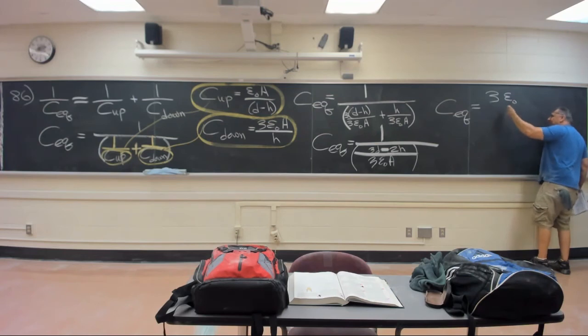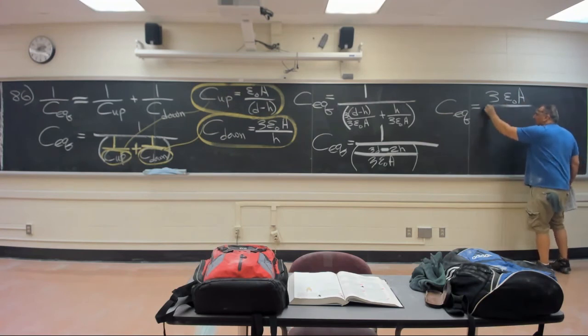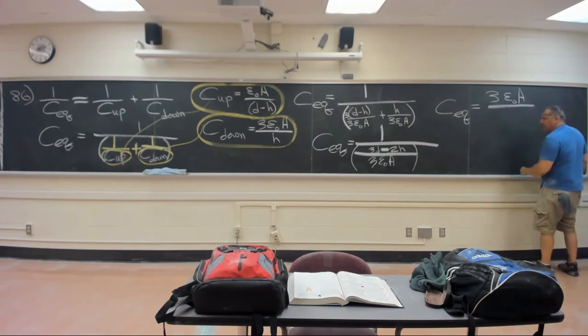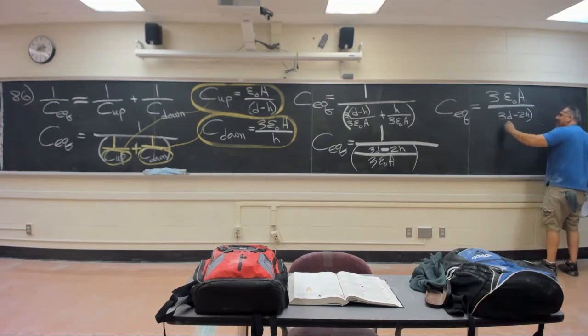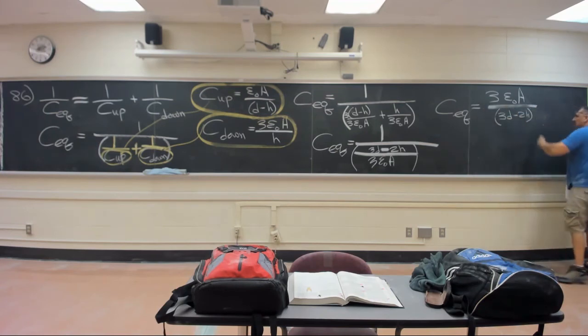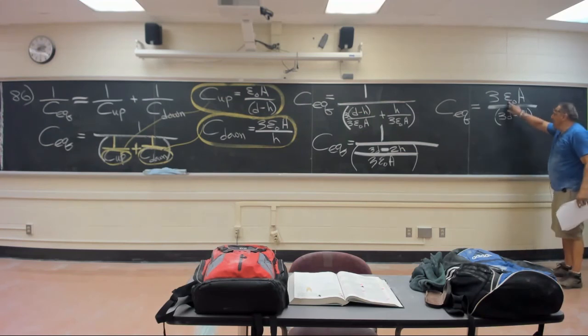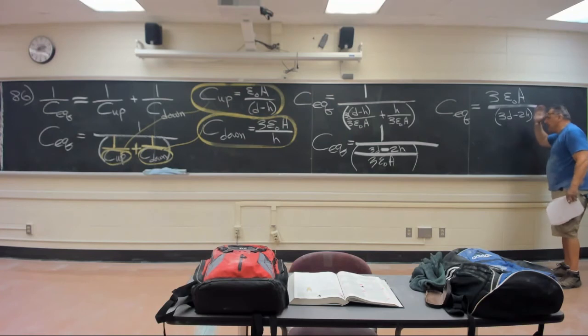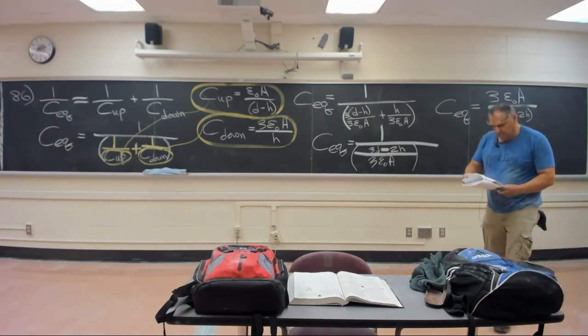Notice it's of the form epsilon naught A over some distance. It's a complicated looking distance, but it's in terms of units of distance. Epsilon naught A over some kind of D, yeah, it's of that form.